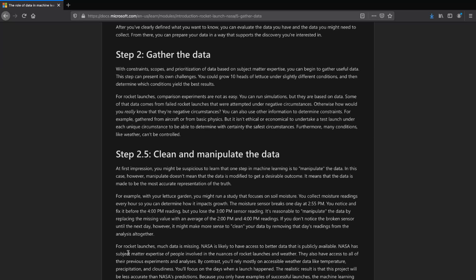So you may need to change the value range. So if one of your data elements goes from 0 to 10 and another goes from 0 to 1,000,000, some algorithms will be sensitive to that variation in scale.